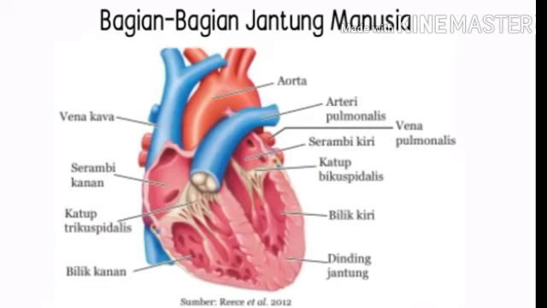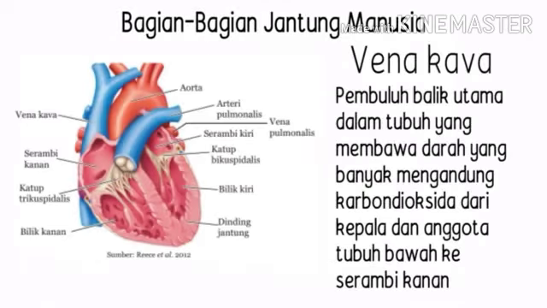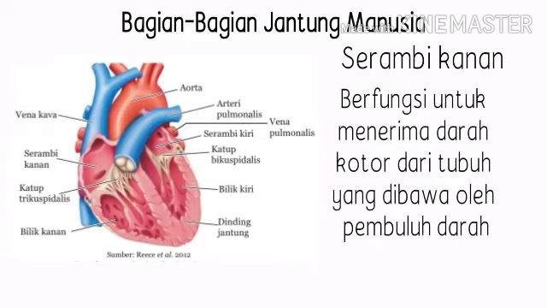Look at the heart parts, Habibi wa Habibti. Al-awwal, vena cava. Vena cava is the main vein in the body that carries carbon dioxide blood from the head and lower limbs to the right atrium. Isnain, right atrium.